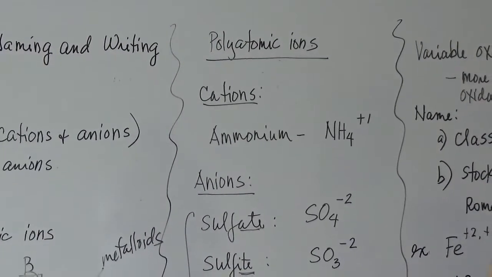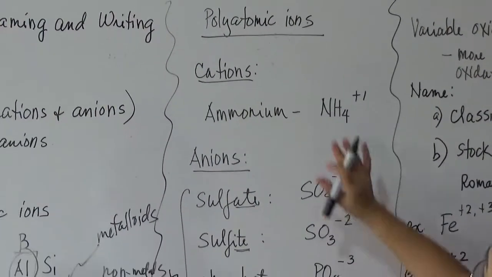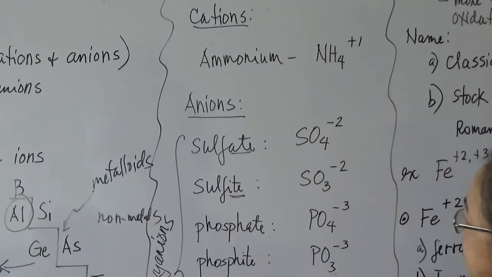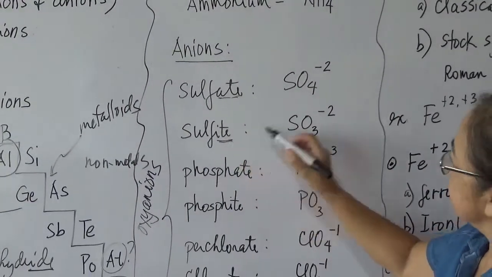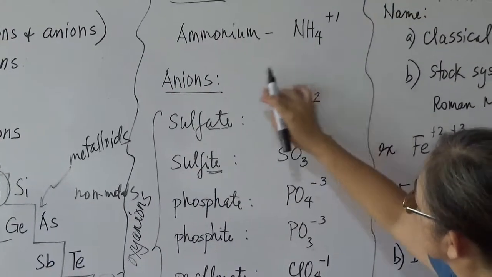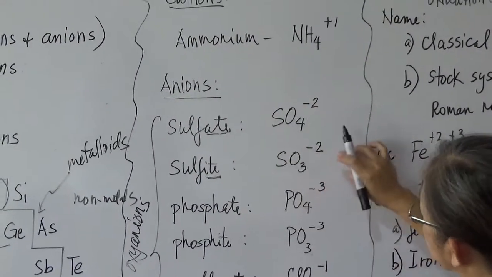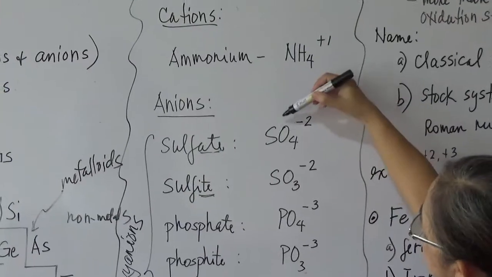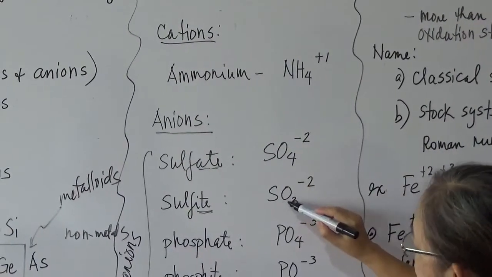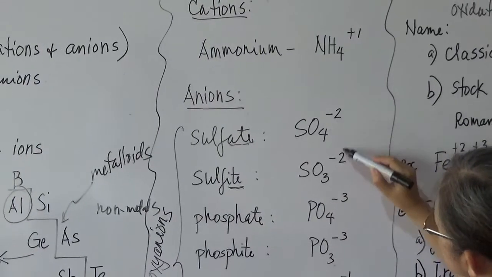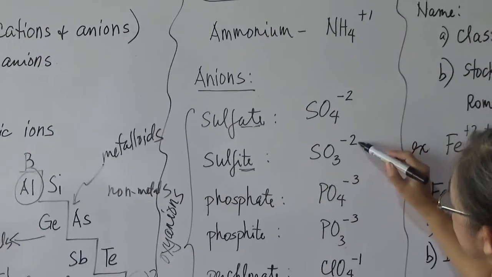So take note again. For the oxyanions, you will notice that they end with ate or ite. If you have these two polyatomic ions which have the same elements in them, sulfur and oxygen, they have the same charge, -2, -2.